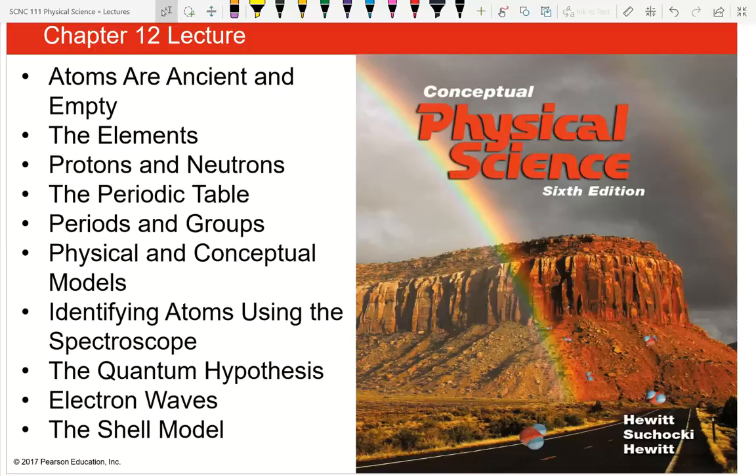So what we're going to look at this chapter is first looking at what atoms are, what the elements are. I've already mentioned those just a little bit. The periodic table and how it's organized as per Mendeleev. And then just a few more things about atom structure. So this is very much physics still as we start chemistry.